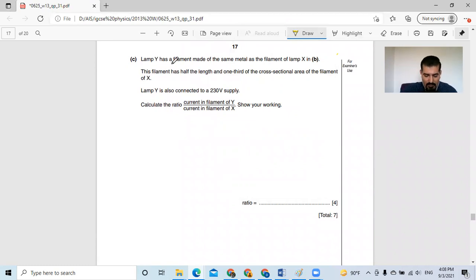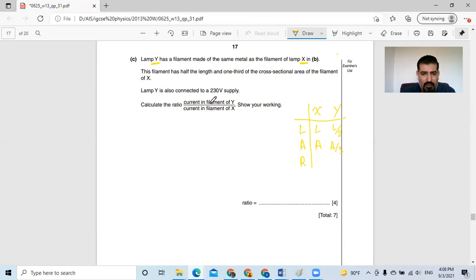Lamp Y has a filament made of the same material as lamp X. We studied lamp X. Now they are talking about lamp Y. So we have X, we have Y. This filament Y has a length of half the length of X and 1/3 of the cross-section of filament X. So if X has length L, here it's half the length, L divided by 2, and here 1/3 the cross-section area.